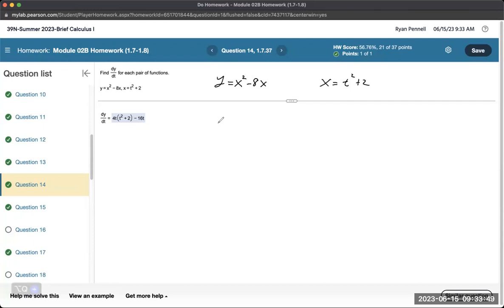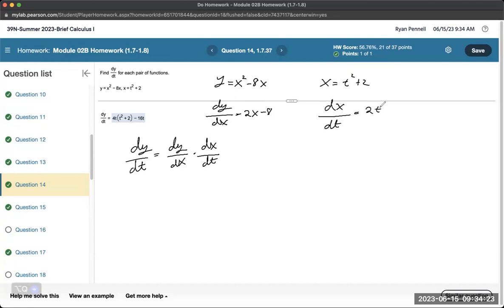So we know that dy/dt is going to be dy/dx times dx/dt. What is dy/dx? That's going to bring down the 2x minus 8. Not too bad. And then what is dx/dt? That's 2t.